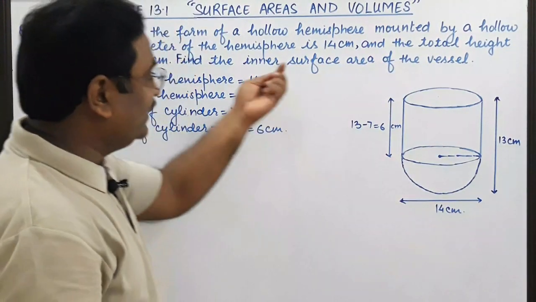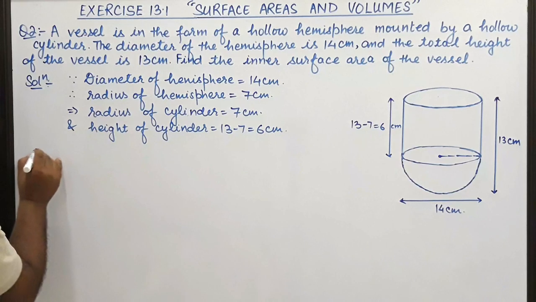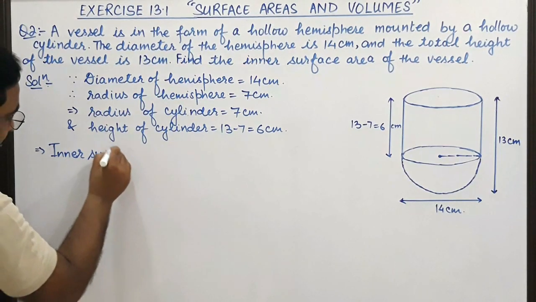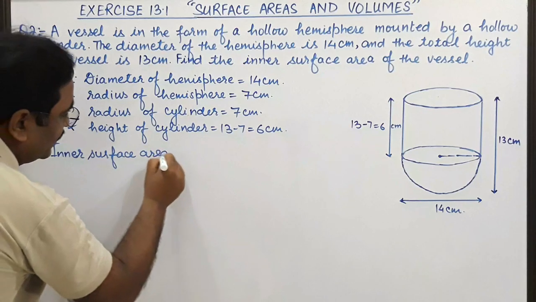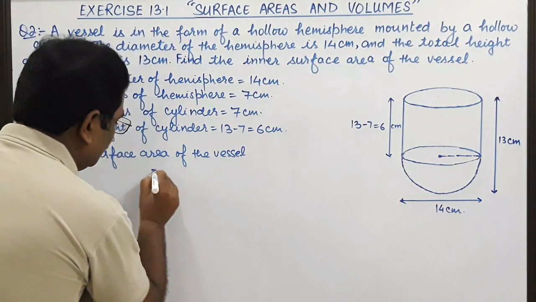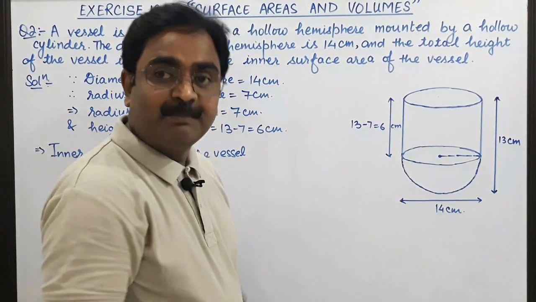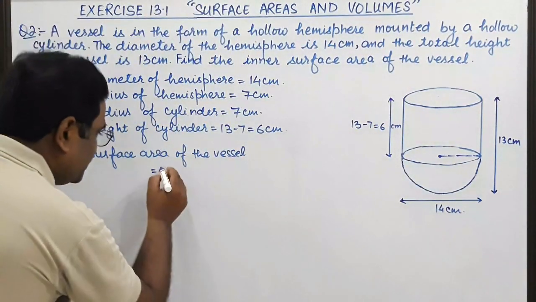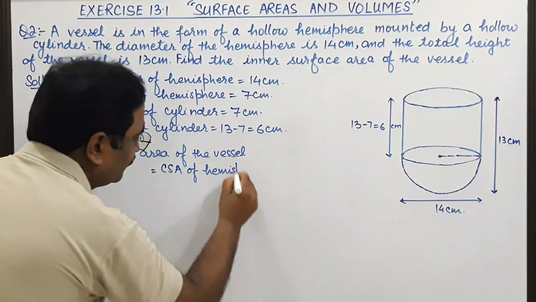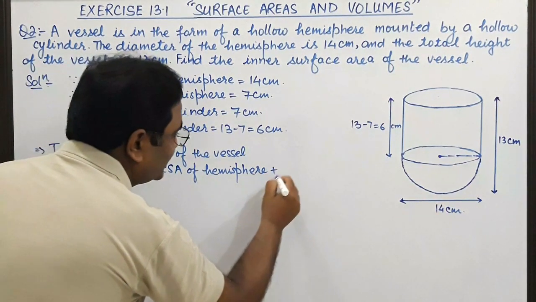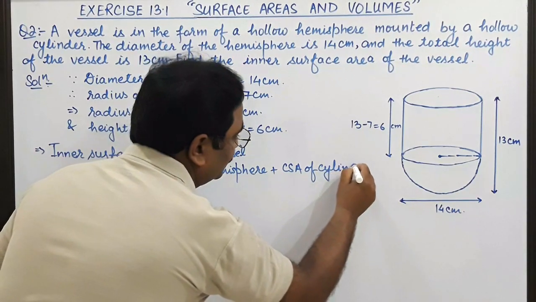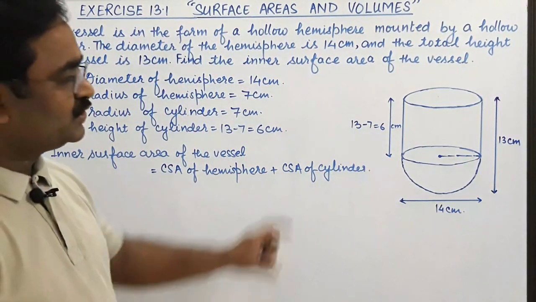So to find the inner surface area of the vessel, the inner surface area of the vessel is equal to the curved surface area of the hemisphere plus the curved surface area of the cylinder, means CSA of hemisphere plus CSA of cylinder.